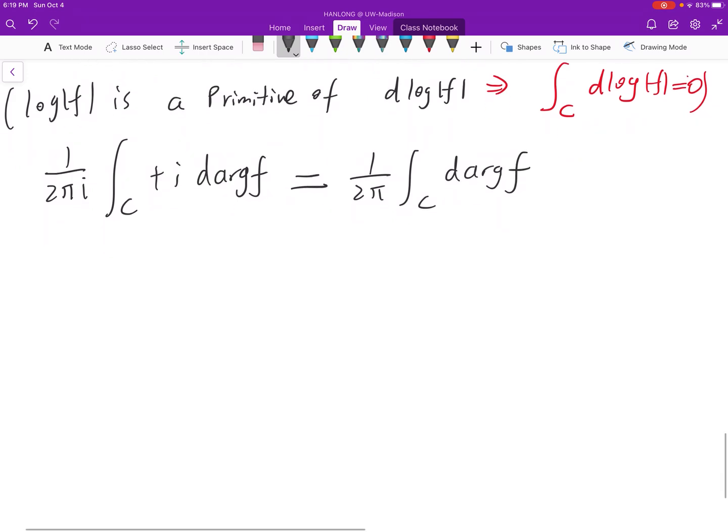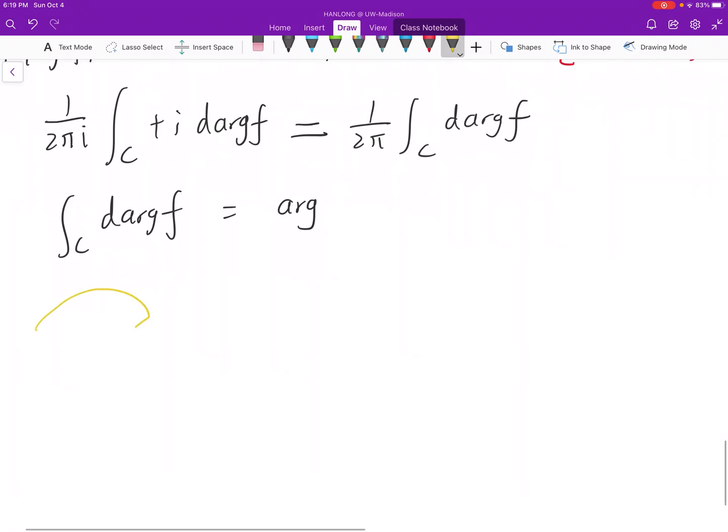For the integration of the argument of f, we fix a point, let's call this point A. And then when you turn back, we call this point A hat. Although it is at the same point, this A hat has traveled along the whole loop from A.